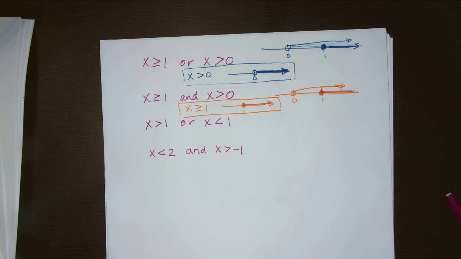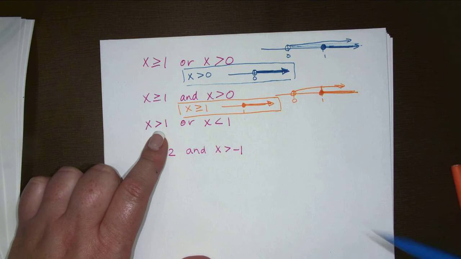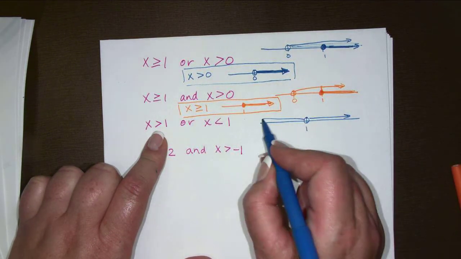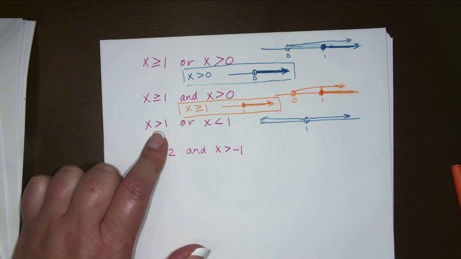What about the next one? It's weird. Greater than 1 or less than 1. What do you think? So everything, and it's or, so we don't need to look at that overlap, it's just wherever.